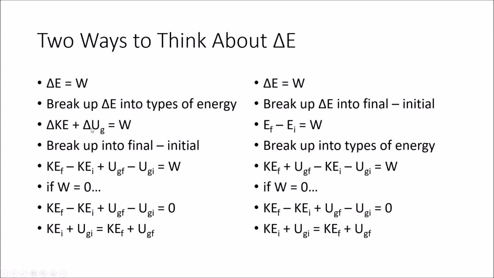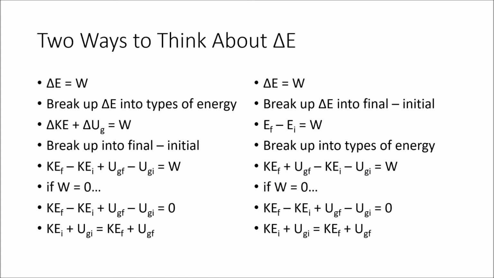You can break each of these deltas into their final minus initials. So delta kinetic energy might be kinetic energy final minus kinetic energy initial. Change in gravitational potential would be final minus initial again. However, there might be some problem where you're told directly, oh, the change in gravitational potential, it's 19 joules. I don't know.